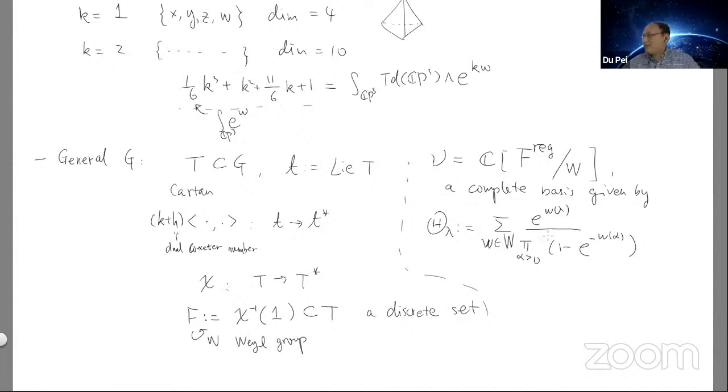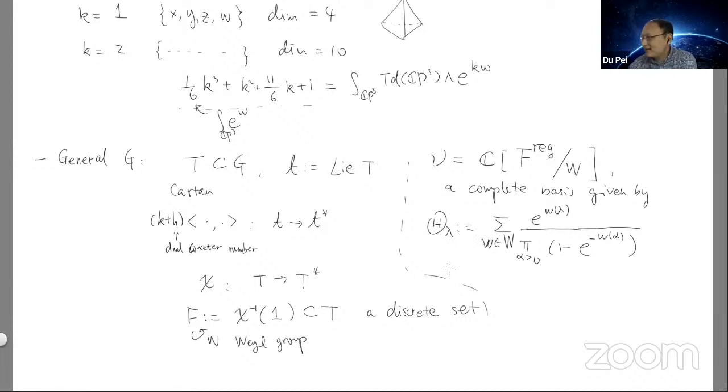So this is a familiar character formula. It defines functions on T, and of course that can also be used to define functions on regular parts of F. And by construction these are Weyl group invariants. And this turns out to be a complete basis.